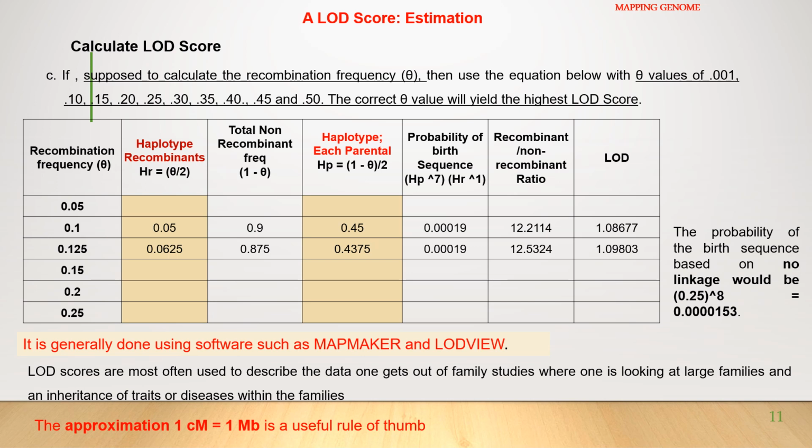I would like you to fill the column, that is, calculate the LOD score for 0.05, 0.15, 0.2 and 0.25. Among the values, then identify the one which has the highest LOD score. That is considered as the recombinant frequency. In general, this is done by using certain software like MapMaker and LOD View.